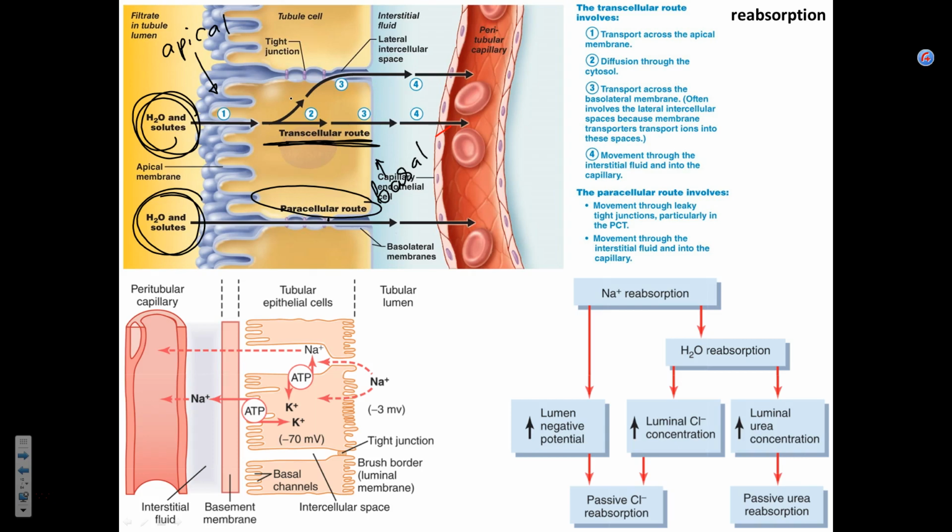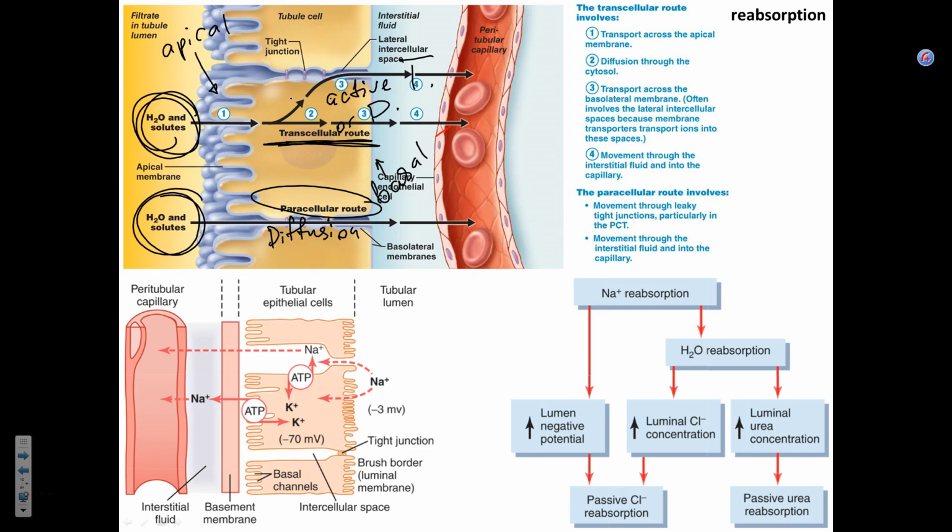Diffusion. They can't do active transport. There are no pumps and there's no membrane, right? There's no membrane to put the pump in. So basically this is the idea. The transcellular route can be both active transport or diffusion. The paracellular route can be only diffusion. Does that make sense to you?